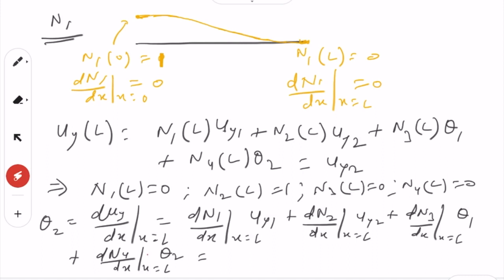So, what we will get? That means this will be equal to 1, all others will be 0 only.